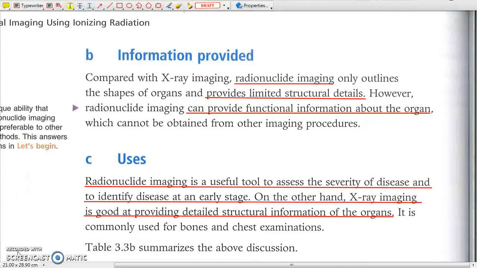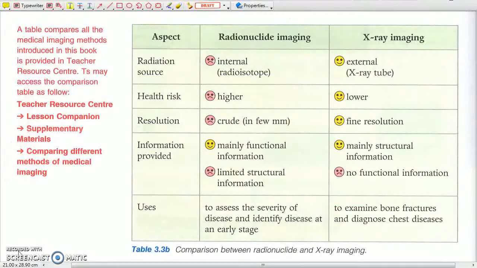X-ray imaging, on the other hand, provides detailed structural information of the organs due to its higher resolution in image formation. And that is one of the reasons why X-ray imaging is still commonly used for bones and chest examination. The following table compares radionuclide imaging with X-ray imaging.